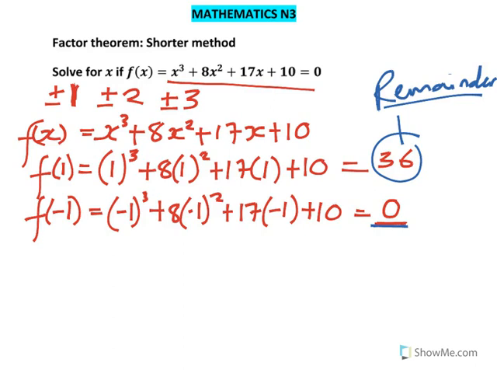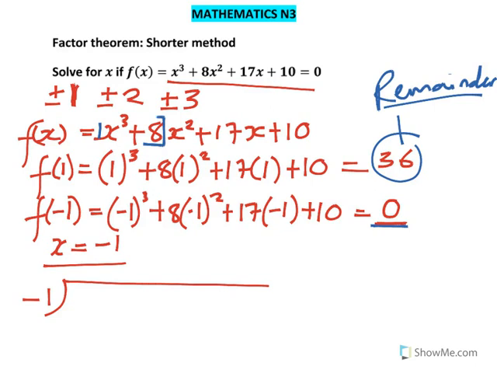In other words, x is equal to minus 1. So you do that long division that we did again. If you remember, we said minus 1, and you take the coefficients of x. Now in here there is a 1, the other one is a positive 8. These ones are not a problem because all are positive, 17 and a 10.